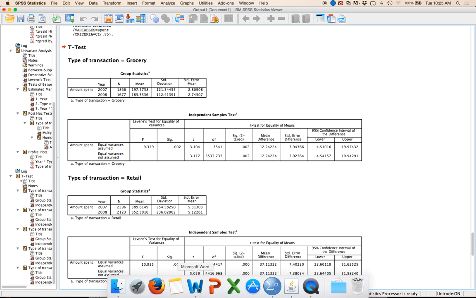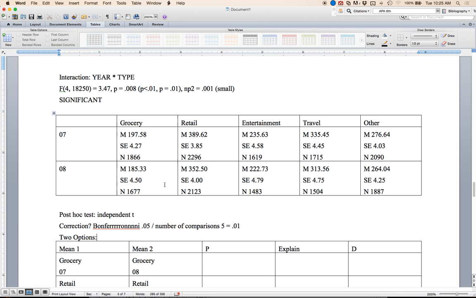Now, here's the tricky part about that. It matches because we didn't have any missing data. If you had some missing data that you decided not to fill in, and then you split the file and run the post-hocs, it might include some people that didn't get included in the overall ANOVA.